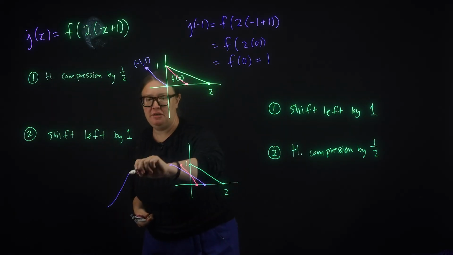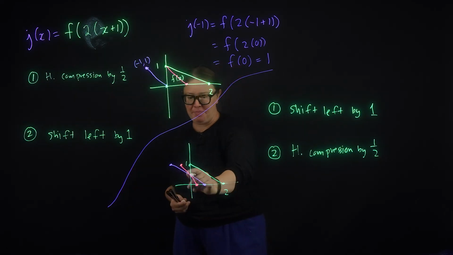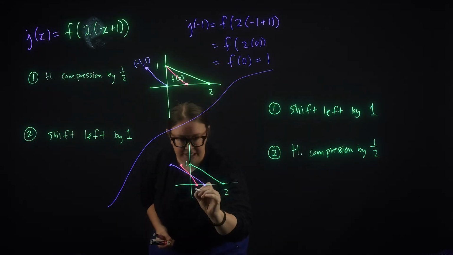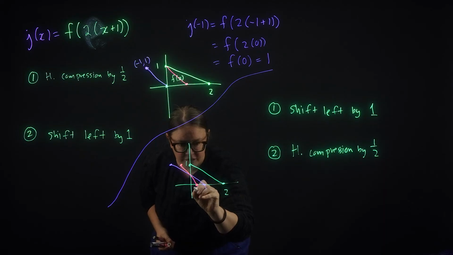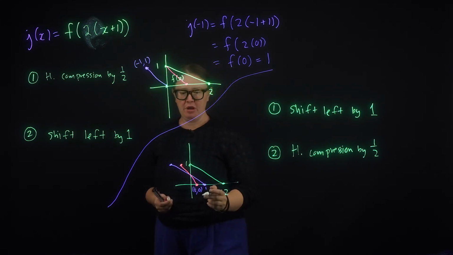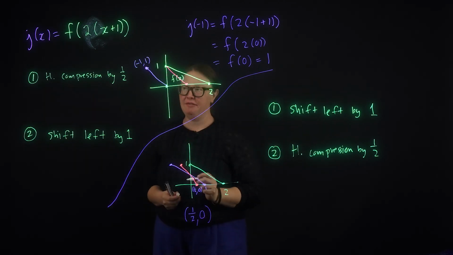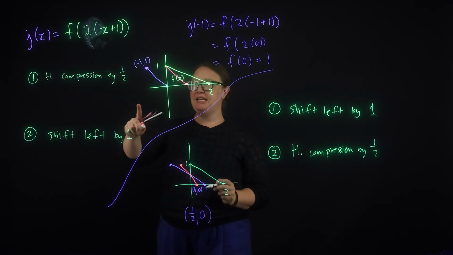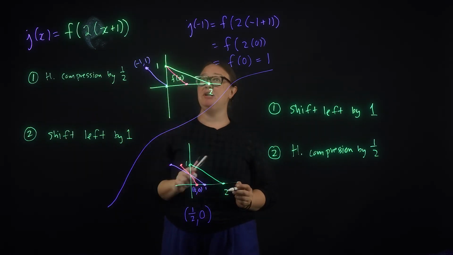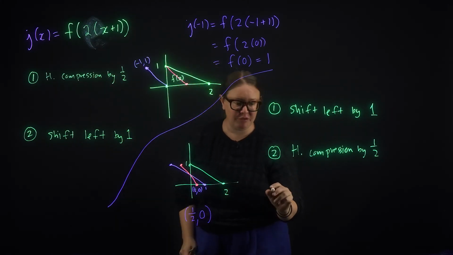Okay, I'm just going to divide this a little bit here. Okay, so my pink graph, let's take a point on here. So this was 1. This would be 1/2, 0. You probably can't read that. Let me write that bigger. So the point I'm going to use to check my work is 1/2, 0. So just as I did plugging in -1, I'm now going to plug in 1/2 to my function j and see if I get out 0.